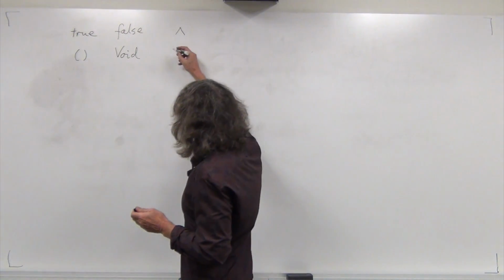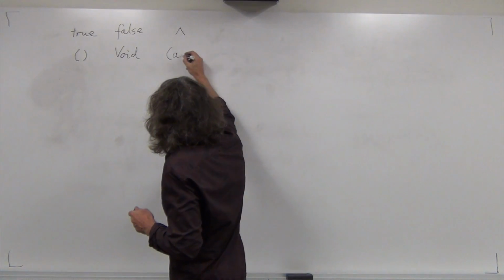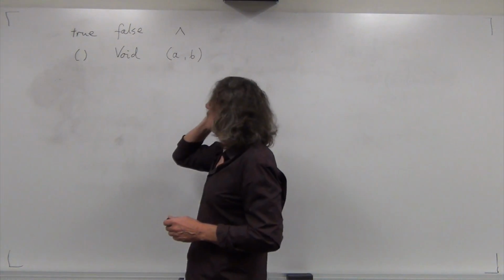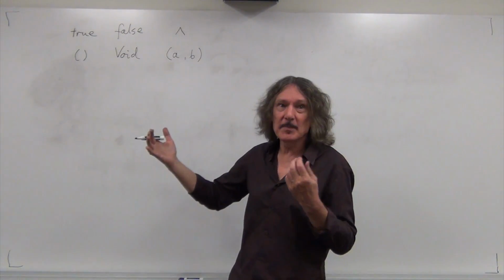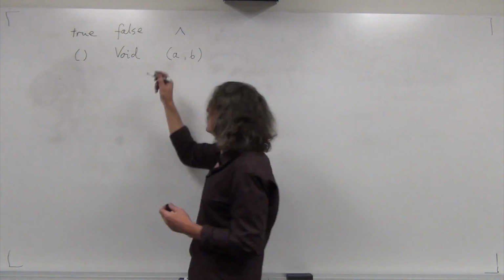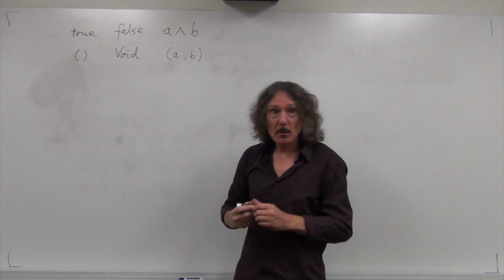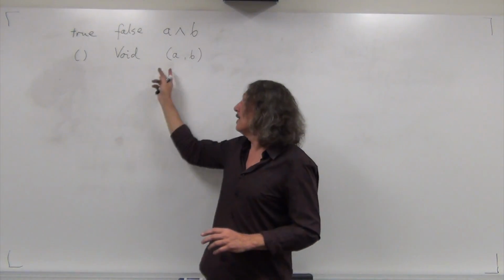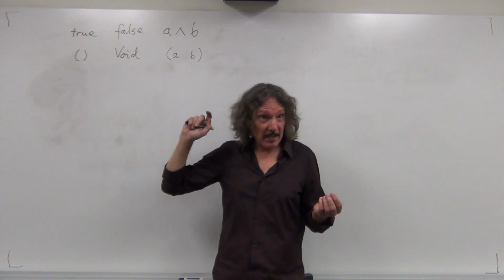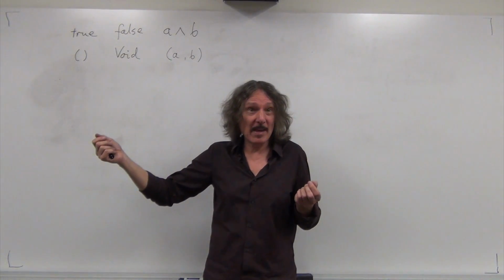So that corresponds to a pair, so a pair, A and B. If A and B are types, they correspond to two propositions, A and B. We can only form a pair if you give me an element of A and an element of B. That's the only way I can form a pair.